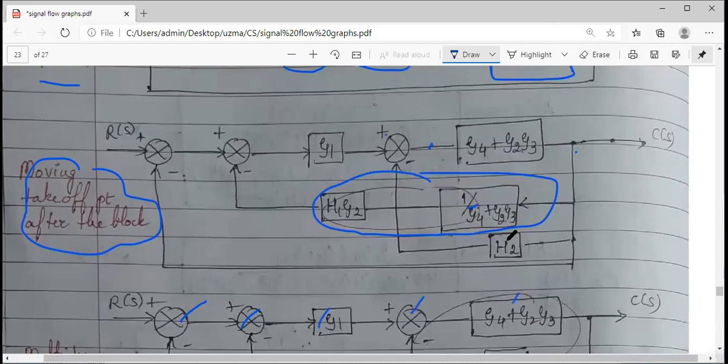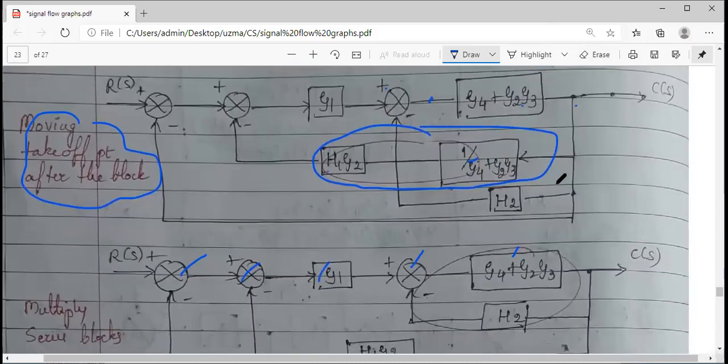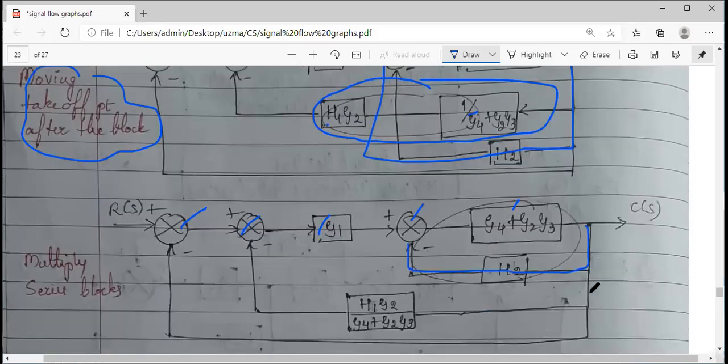G1, you have one summing point, this part. And this is H2. Just this line, I have taken here. Then from the same series block, I have taken the multiplication. H1 G2 will come in the numerator divided by G4 plus G2 into G3.